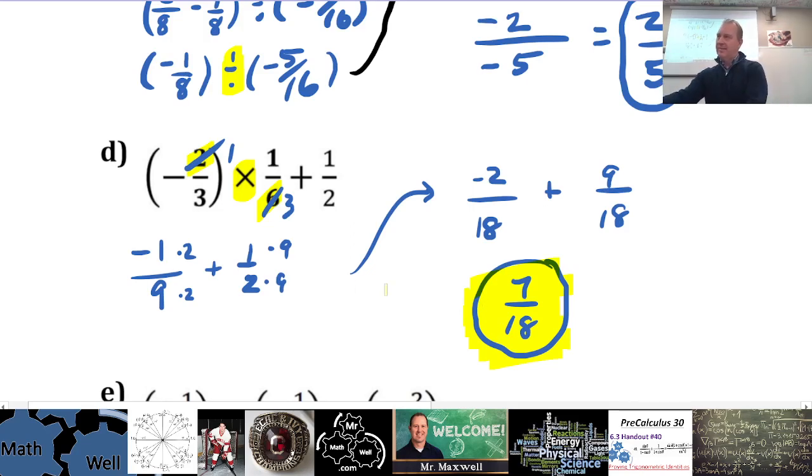Yeah. Yep. In this case, you didn't have to simplify because you needed it. You would have ended up with negative 2 over 18 here if we didn't simplify. That's right. So we still would have had to have multiplied this one, but yeah, you're right. I divided by 2 here, and then I had to multiply back by 2.